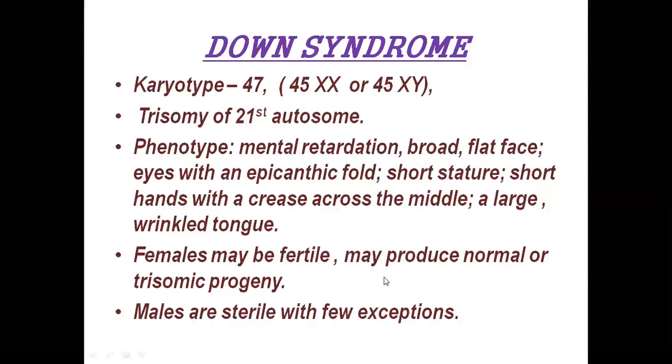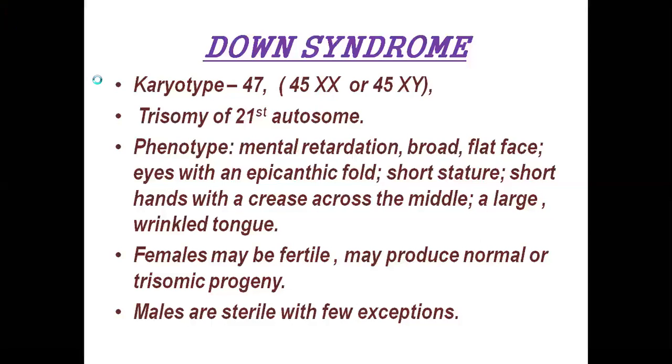The only other human autosomal trisomics to survive to birth are those with trisomy of chromosome 13 and trisomy of chromosome 18. Both have severe physical and mental abnormalities. All other trisomics die in the uterus, even before the birth of the infant.